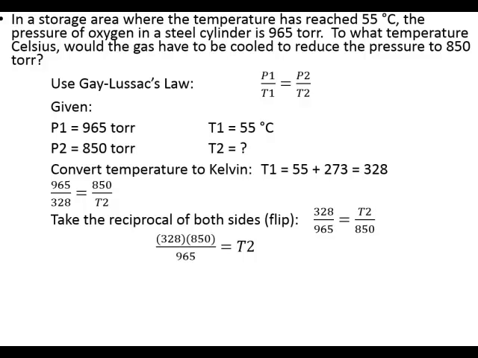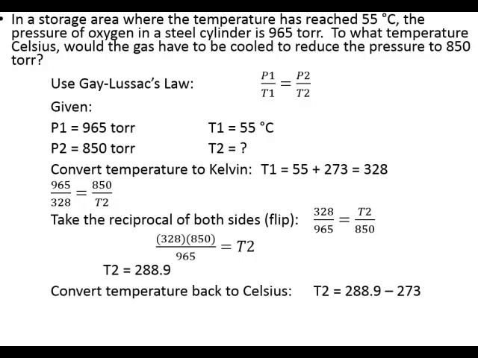I do that, and now I have T2 equals a nice expression that I can substitute into my calculator, and I get T2 equals 288.9. But remember, that's degrees Kelvin. So I've got to subtract off that 273 to get my final temperature in degrees Celsius.